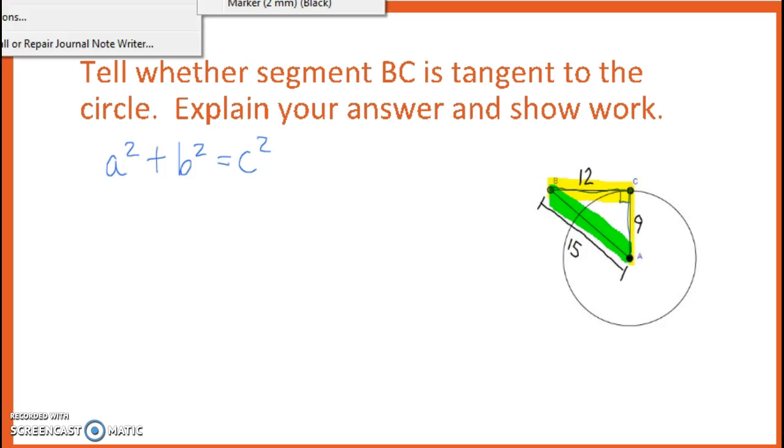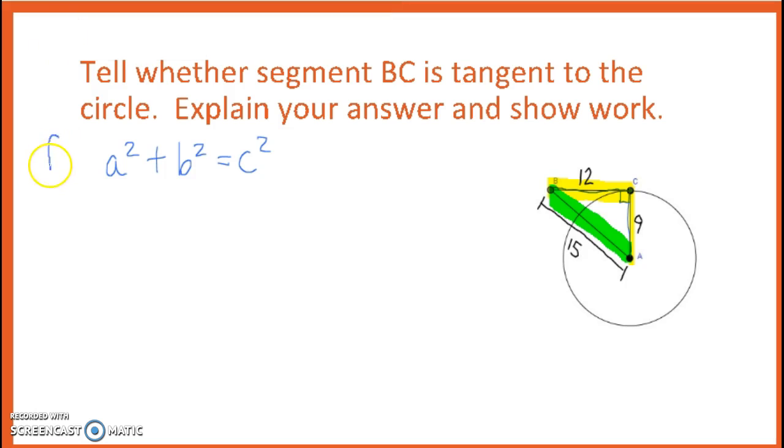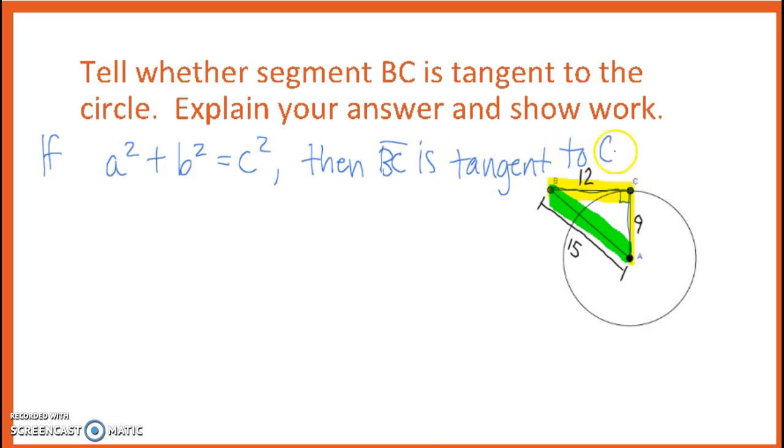So the sum of those two sides squared has to equal the square of the hypotenuse, this green segment here. So let's plug these numbers in to see if this holds true. I can say if a squared plus b squared equals c squared, then segment BC is tangent to circle A. So plugging this in, BC, which is 12, can go in for a, so 12 squared, plus 9 for AC, the second leg, can go in for b, and that has to equal the hypotenuse of 15 squared.